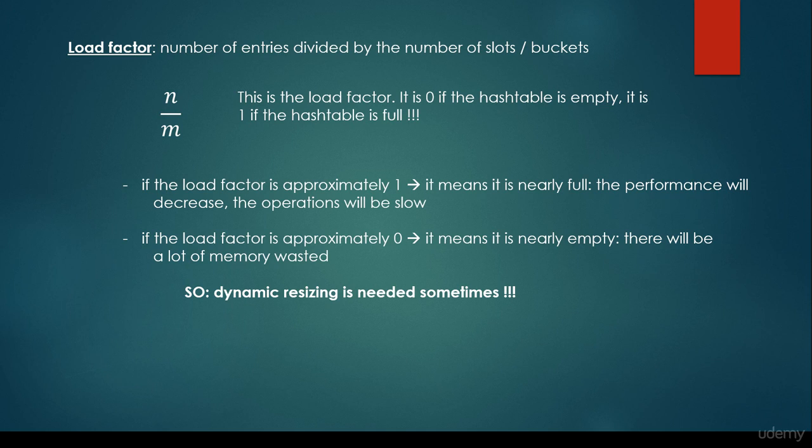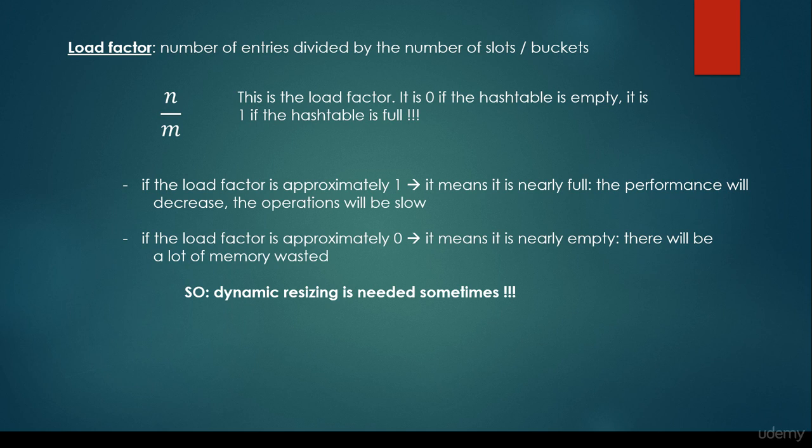If the load factor is approximately 1, it means that it is nearly full and the performance will decrease and the operations will be slower. Why? Because if the hash table is nearly full, then the probability of collisions is going to be very high.